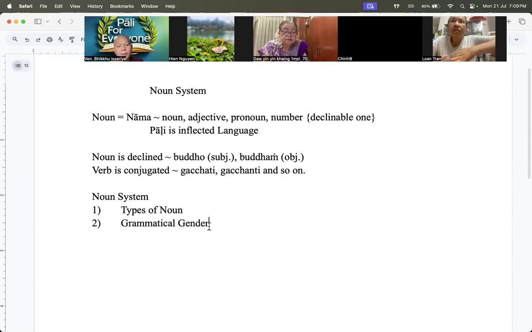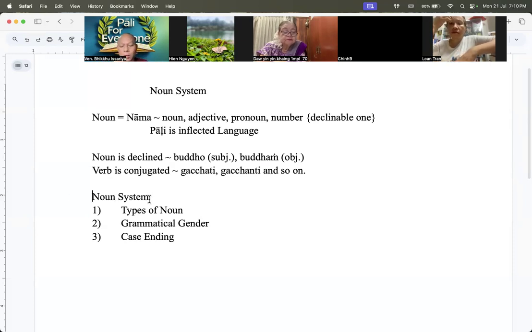And then the third one is case ending. Case ending means, for example, in the subject, like the o case, in the object, like the am case, like that. Those are case endings. These three things are important to know.